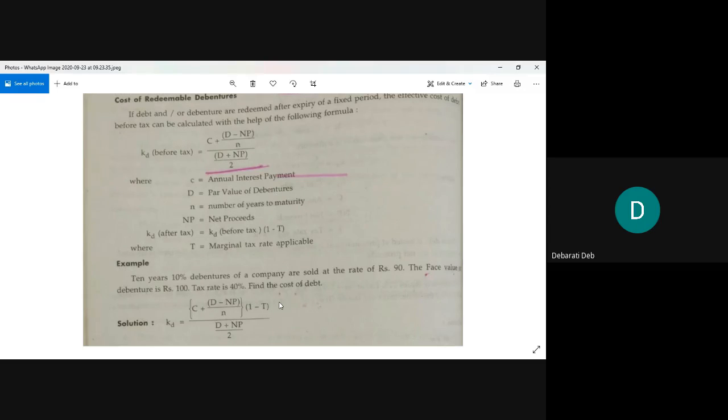How will you identify whether it will be a cost of debt at par, at discount, at premium, or cost of redeemable debentures? Who knows the answer? Tell me.